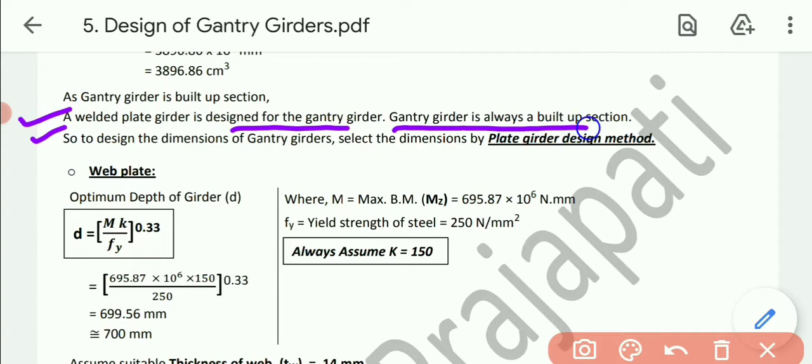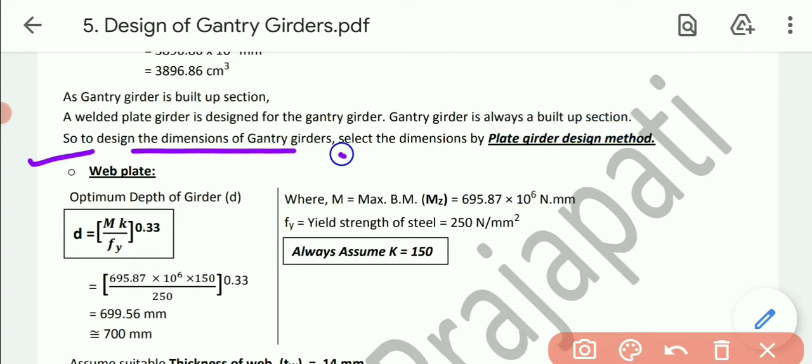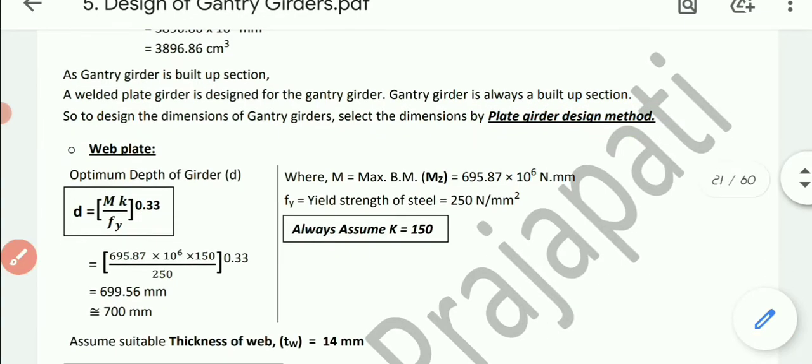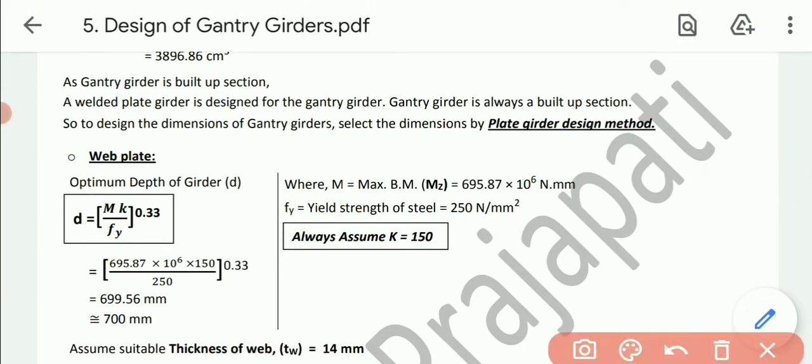To design the dimensions of the gantry girder, select the dimensions by the plate girder design method. I am just using the design approach from the plate girder. Now, first of all, web plate criteria.